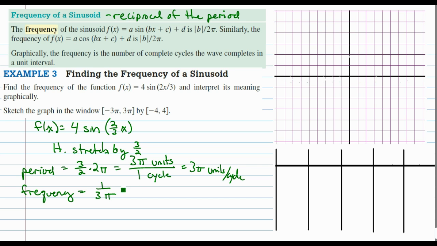The frequency then means there will be 1 cycle every 3 pi units, which is 1 over 3 pi cycles per unit. So basically, between 0 and 1 on the x-axis, only about 1/3 of a cycle of this graph completes. Alright, now let's take a look at sketching a graph of this sinusoid.